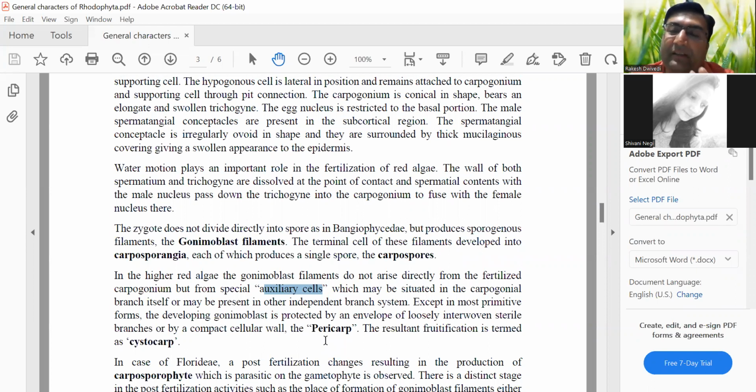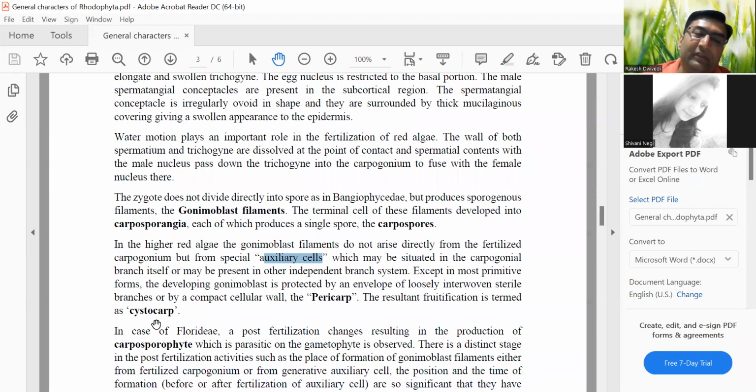So the pericarp is the protective covering of the carposporophytic structure, and the whole structure, means the pericarp plus gonimoblast filament, carposporangia, and carpospores, all together are known as the cystocarp, right?